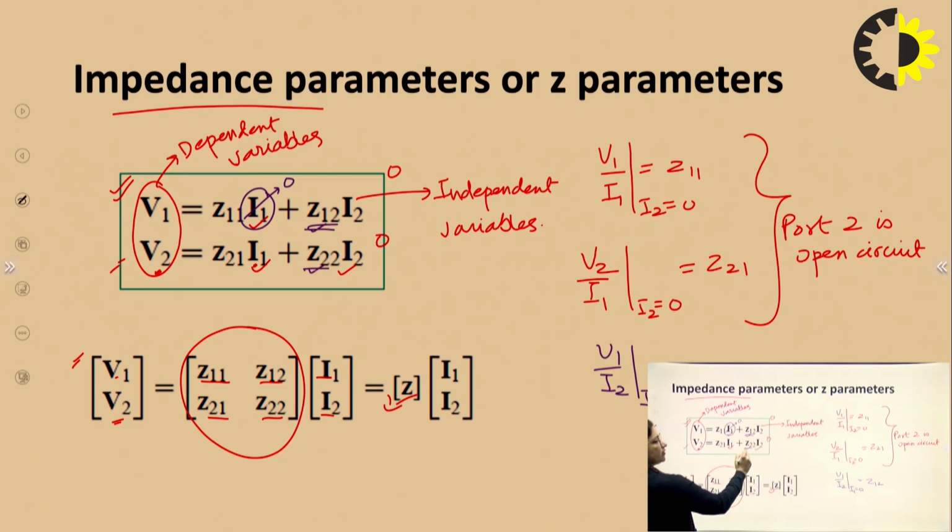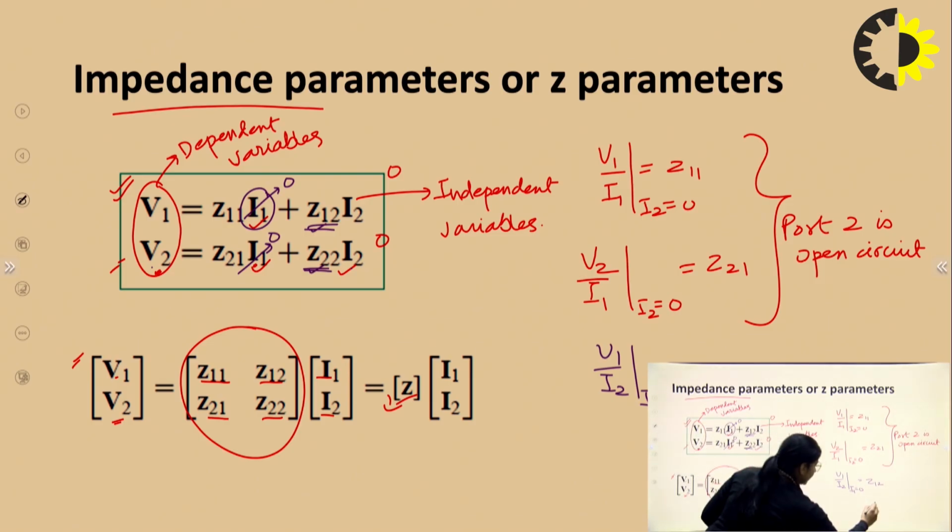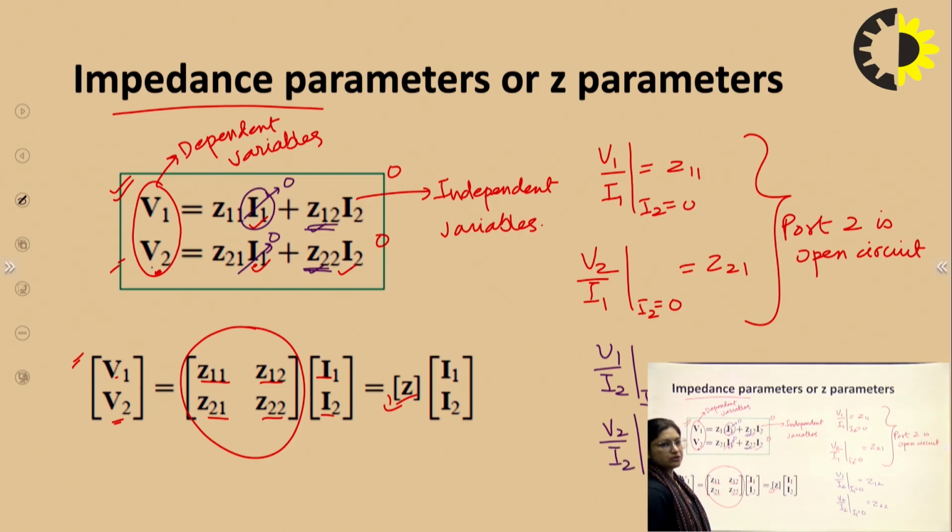Similarly, for Z22, I1 needs to be 0, so this term will be 0. V2 by I2 will be Z22. So Z22 is equal to V2 by I2, and the condition is I1 must be equal to 0.